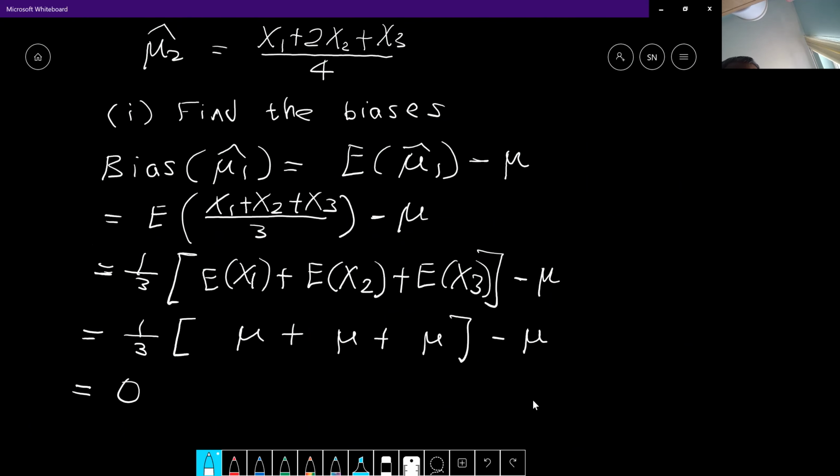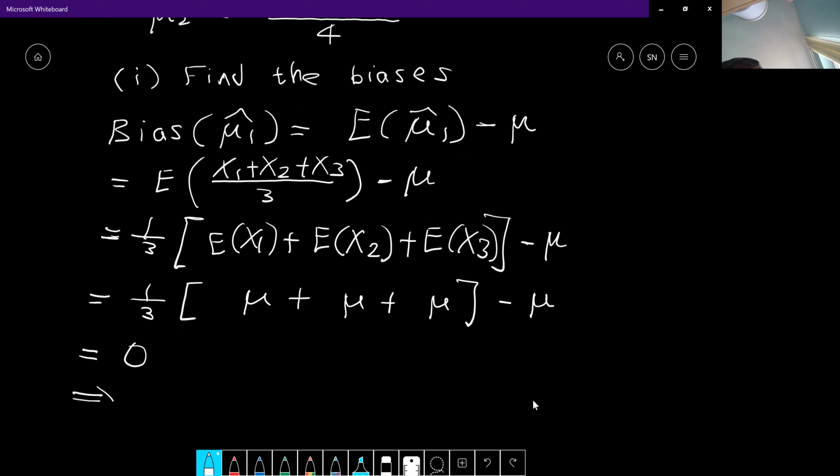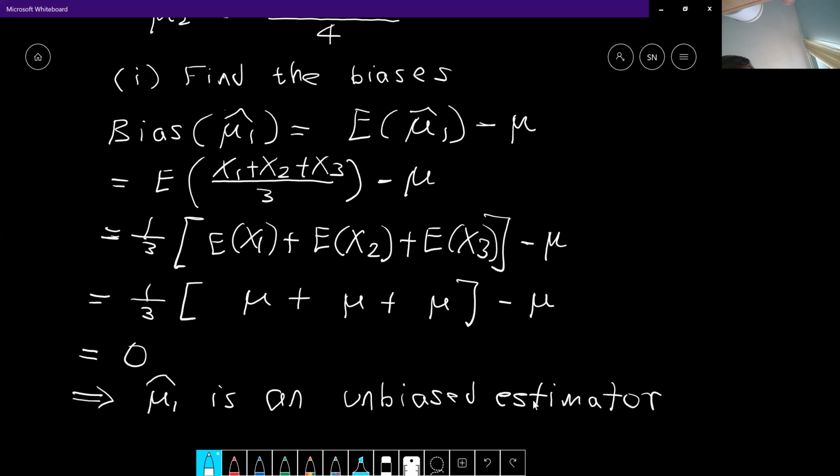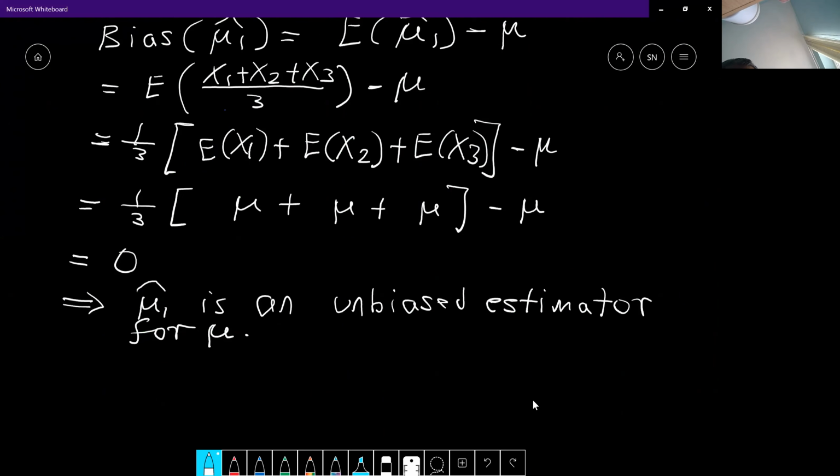So this implies that mu1 hat is an unbiased estimator for mu.